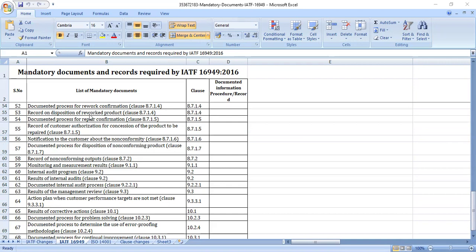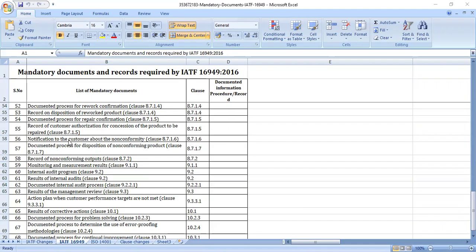Record on disposition of rework products. Subclause 8.7.1.4. 54. Documented process for repair confirmation. Subclause 8.7.1.5. 55. Record of customer authorization for concession of the product to be repaired.